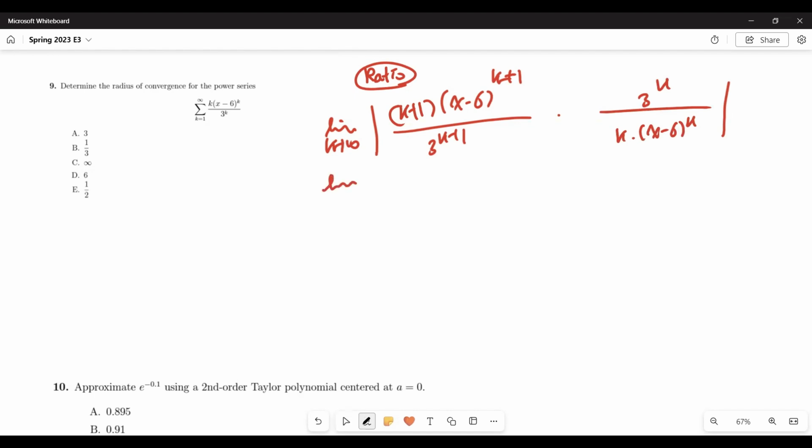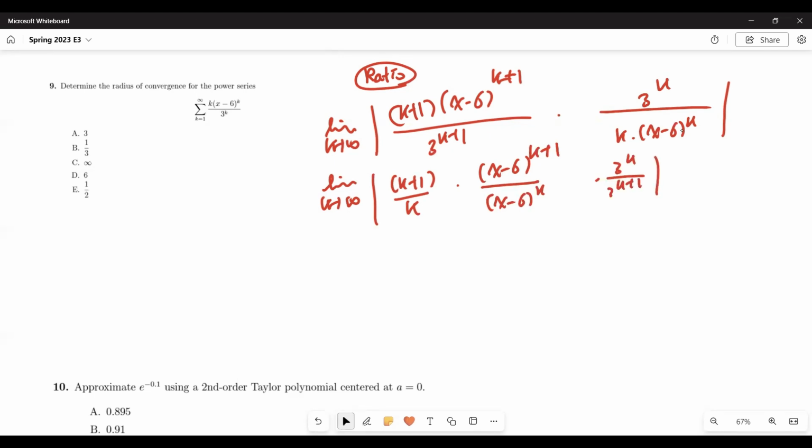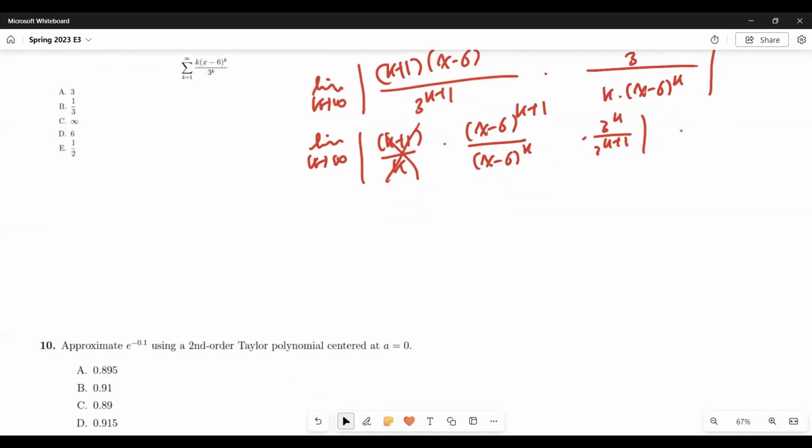So limit of k goes to infinity, k plus 1 over k, I'm going to group them together, and then it's going to be x minus 6 to the k plus 1 over x minus 6 to the k, and 3 to the k over 3 to the k plus 1. So k plus 1 and k have the same power of 1, so we don't need to care about that. They canceled out. And you can change this into a form that you can actually cancel out.